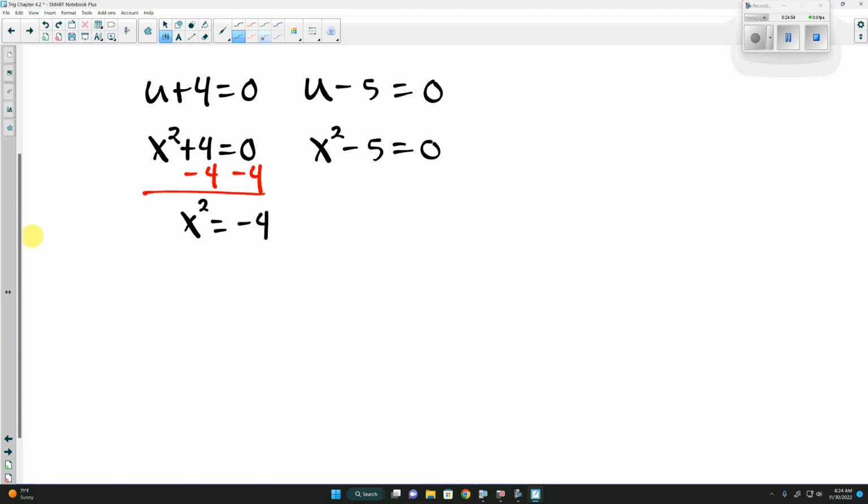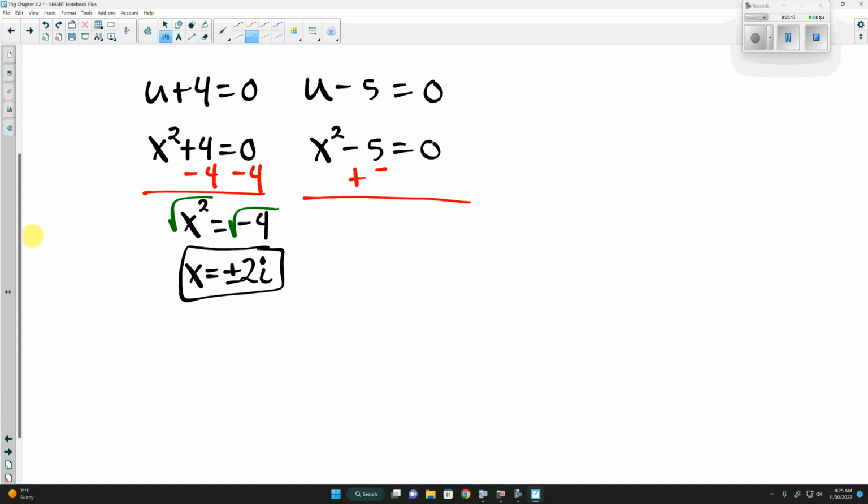At this point here, we would square root both sides, telling us x is equal to plus or minus. Well, the negative is going to come out as i, and the square root of 4 is 2. So we have 2 of our solutions. We still need 2 more.